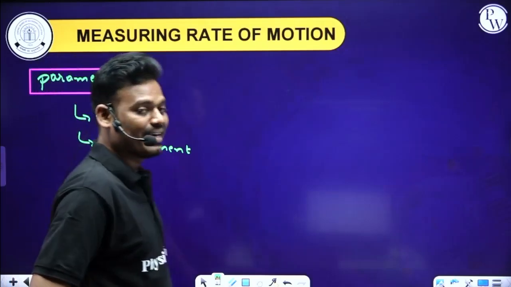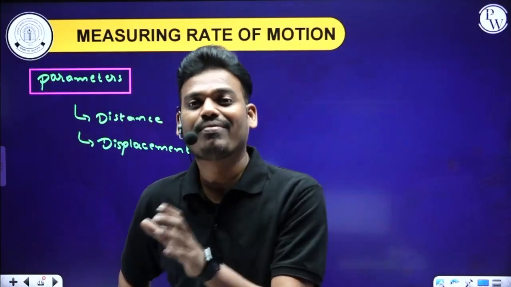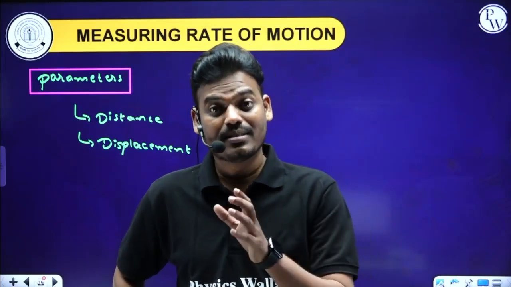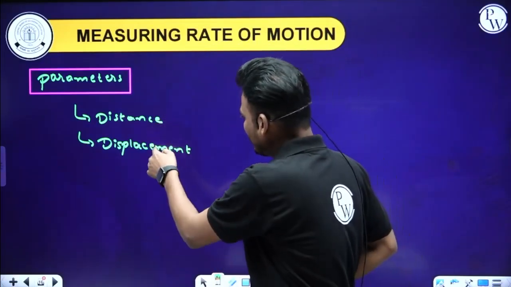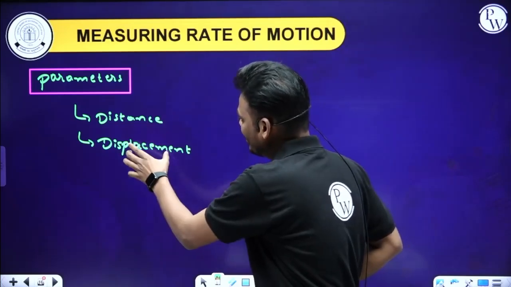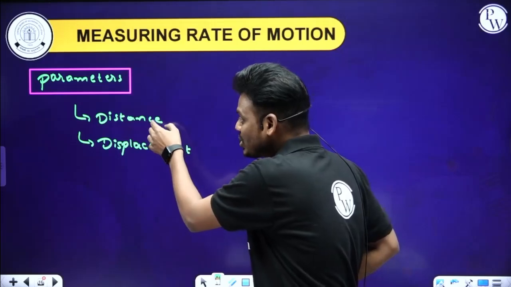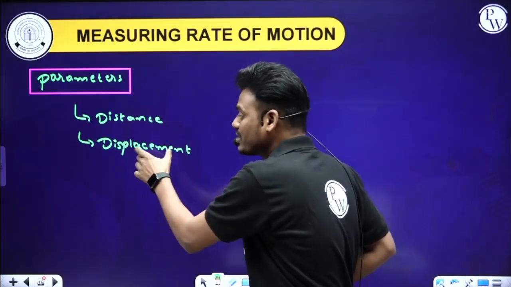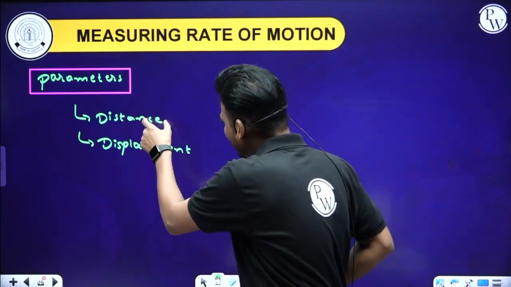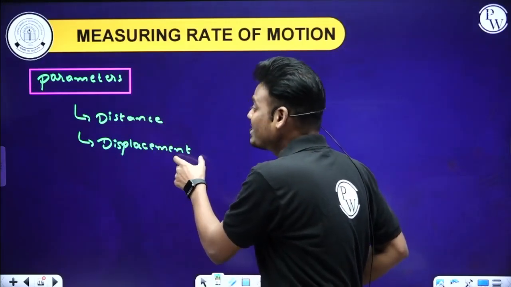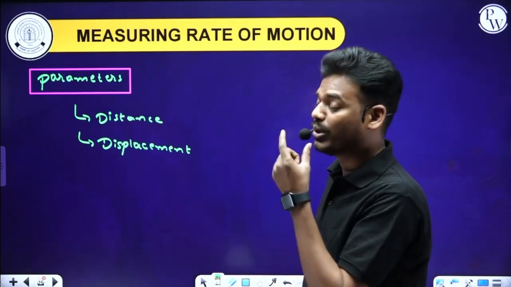Displacement is nothing but the shortest distance between the initial and final position of the body, or an object. What is the difference between distance and displacement? This is total length, but here it is the shortest length between initial and final position. Distance is a scalar quantity, whereas displacement is a vector quantity. These are two parameters related to motion.